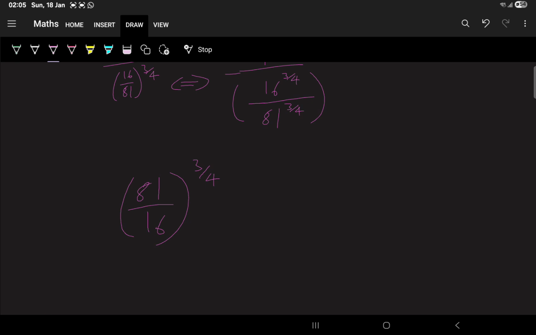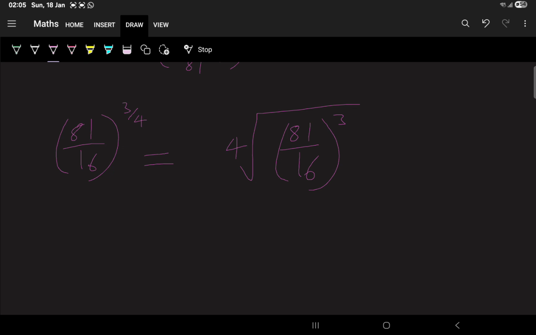Now this is very similar to our fractional index, and this can be expressed as 81 over 16 all cubed, and this is going to be to the 4th root.